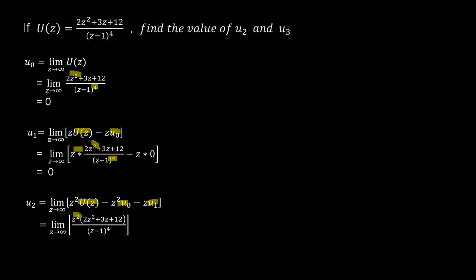Take z to the power 4 outside from the numerator as well as the denominator so that you can cancel the term which is giving trouble to apply the limit. After applying the limit, the value of u2 is 2.